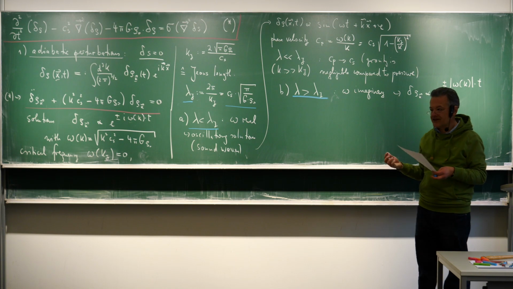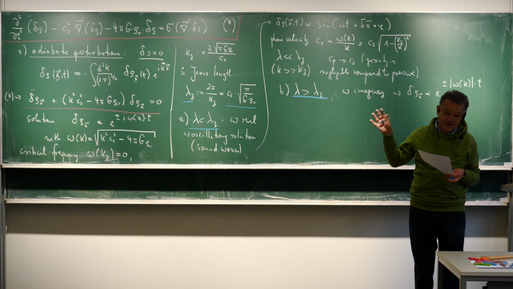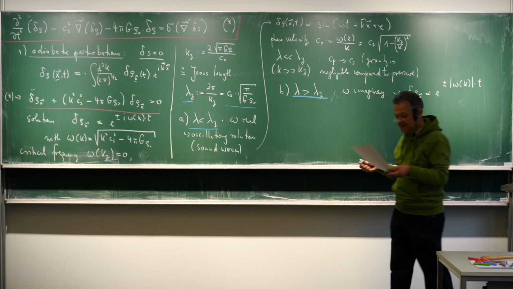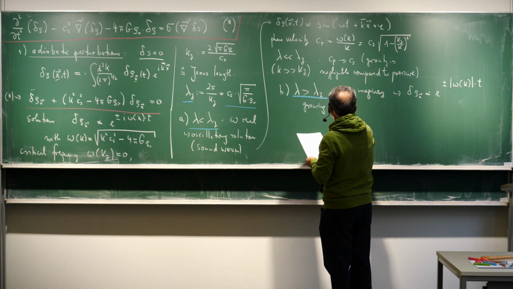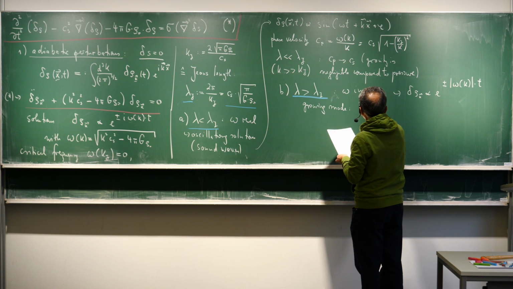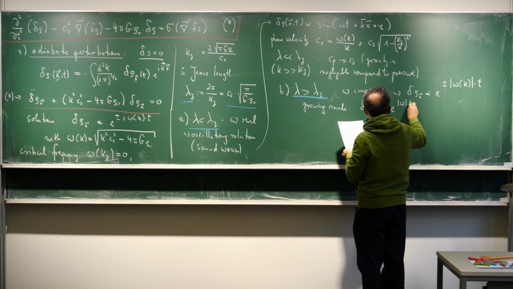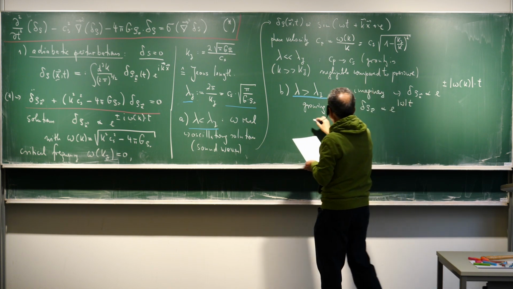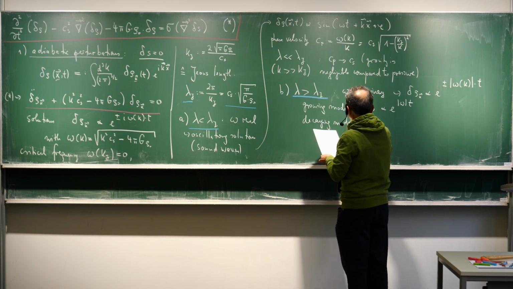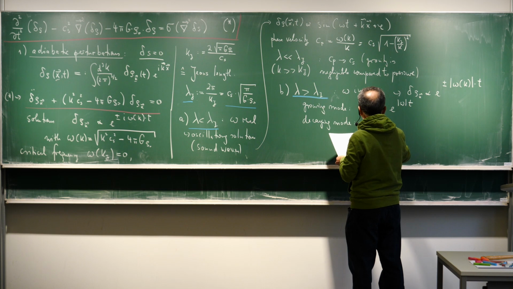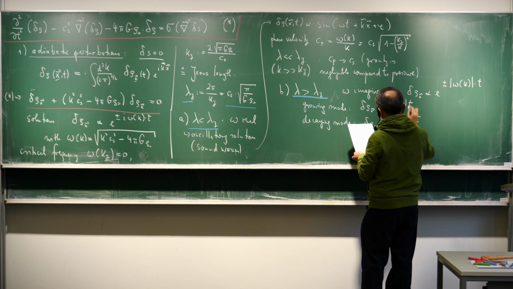That's a language that is used throughout, especially also in the inflationary universe. You will see later a growing mode and a decaying mode. So we have a growing mode, which is delta rho k proportional to e to the plus absolute value omega t, and a decaying mode, so that delta rho k is proportional to e to the minus omega t.